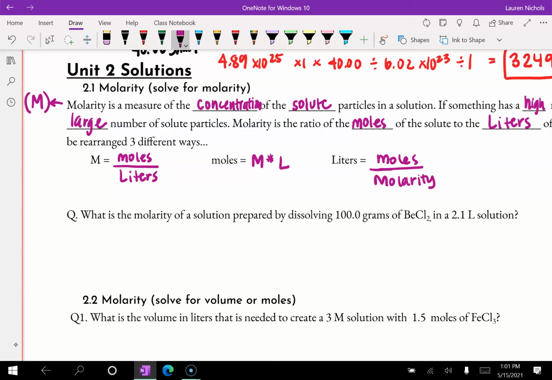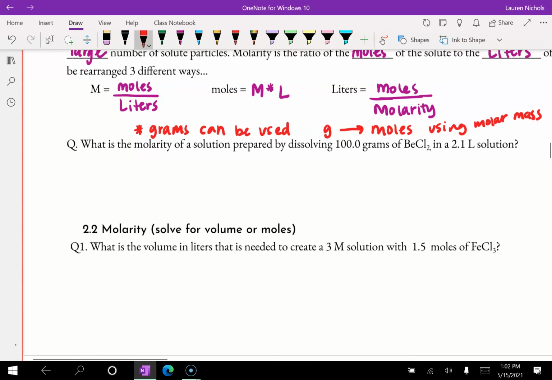And so you can kind of use this formula to calculate multiple things. Now, one thing that I would like to remind you is that grams can be used in these problems because you can change from grams to moles using your molar mass, which is a skill that we learned in Unit 1. So the expectation is that you can take that skill and use it again in a later application.